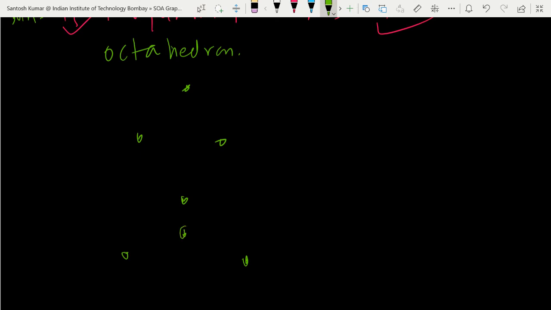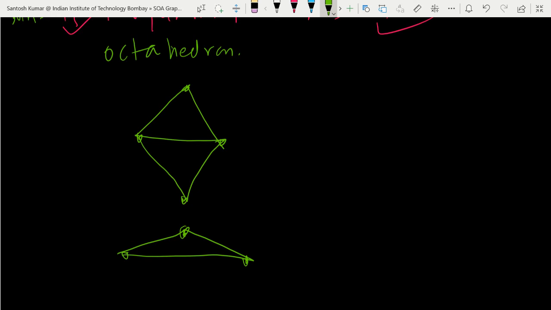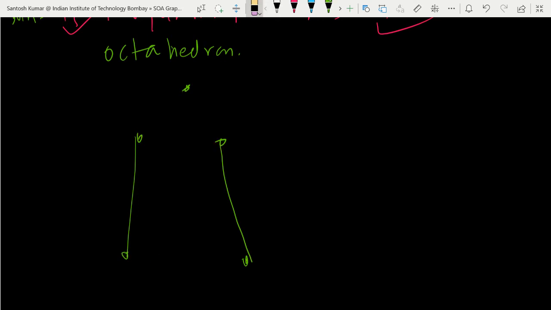The graph is like, one minute, I'm doing something wrong. So these two will have a common vertex.